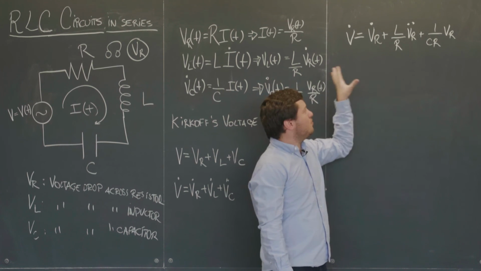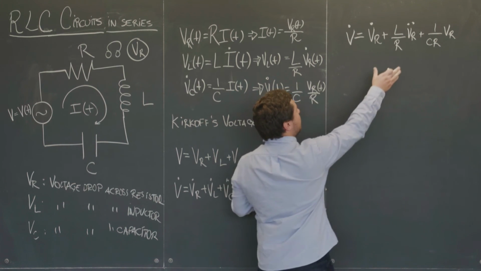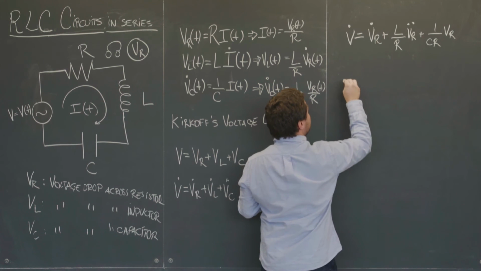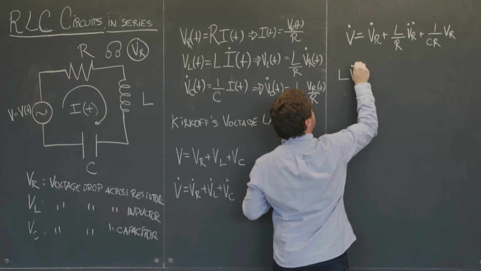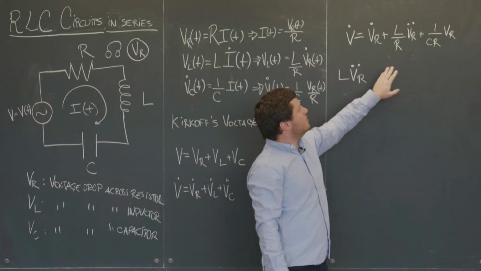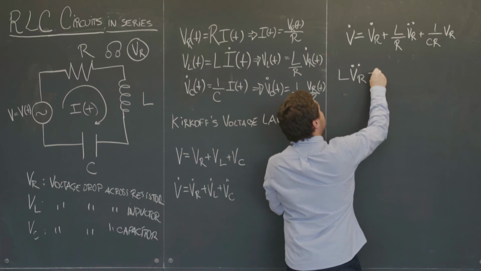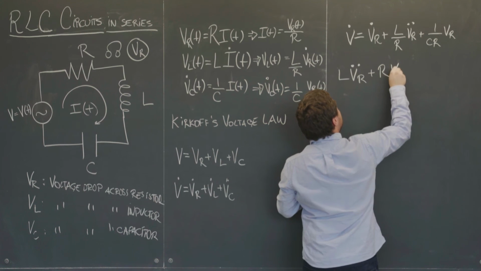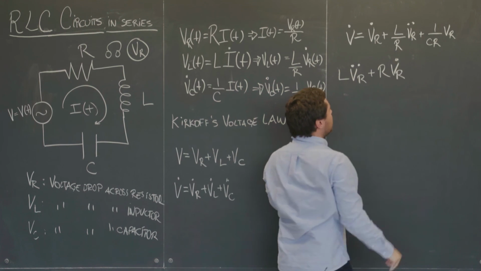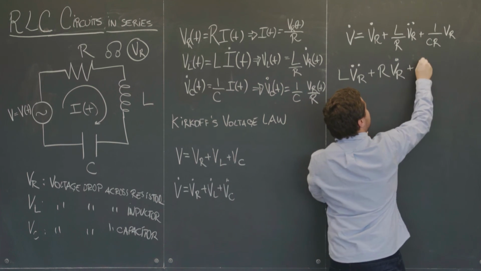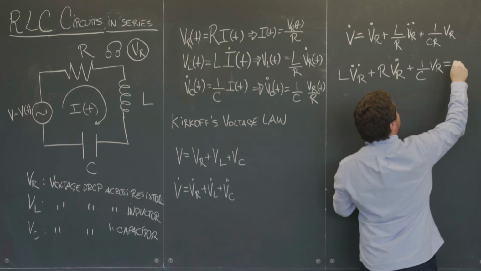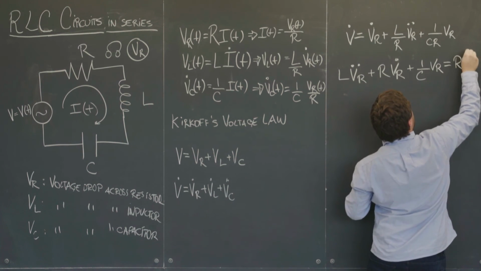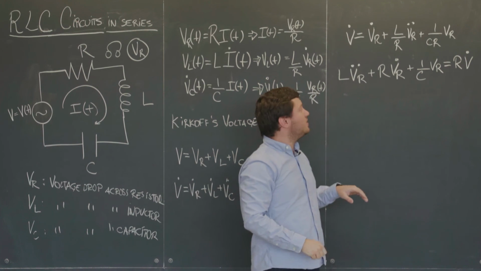So let's do that. Multiplying by R and putting first the highest order derivative, we would have L times VR double dot, so that's the first term, plus R times VR dot, plus 1 over C VR. And all of that is equal to R times V dot.